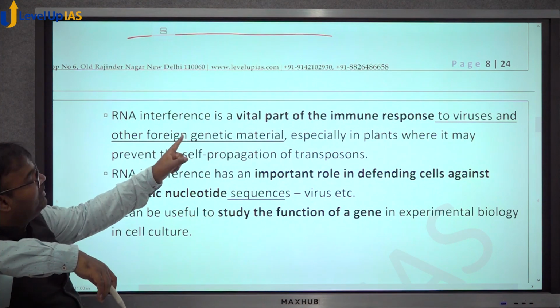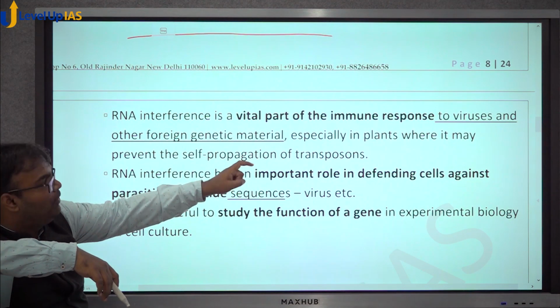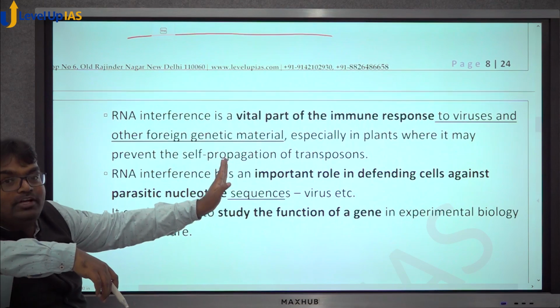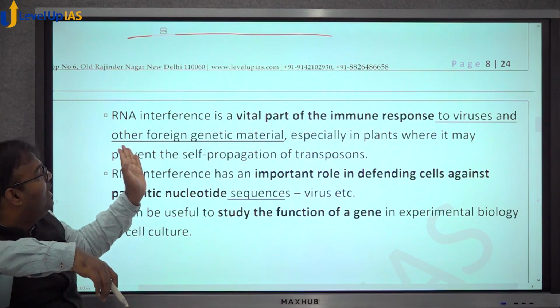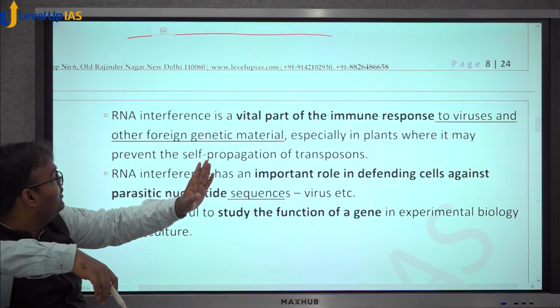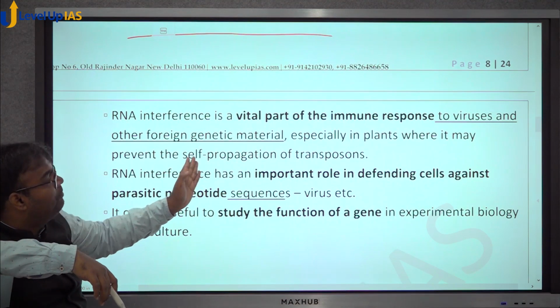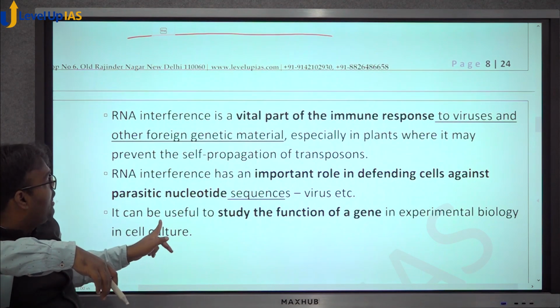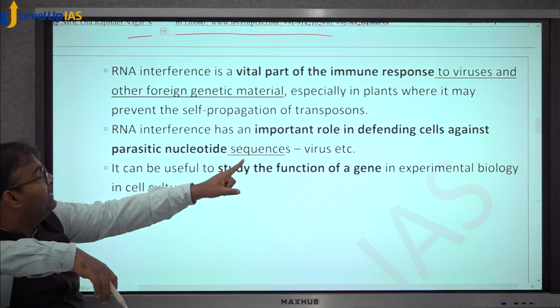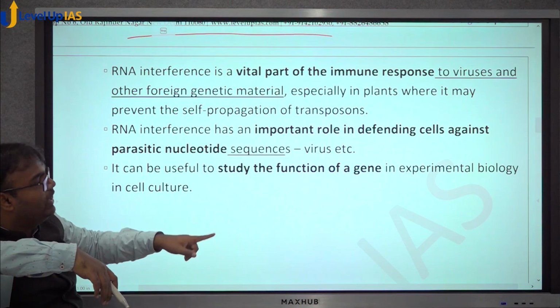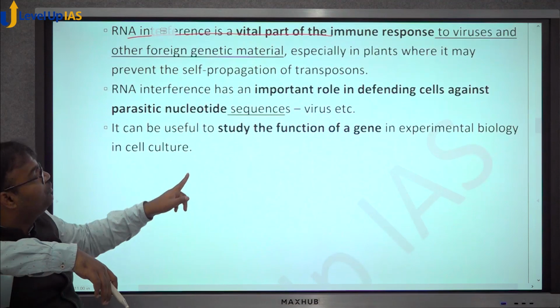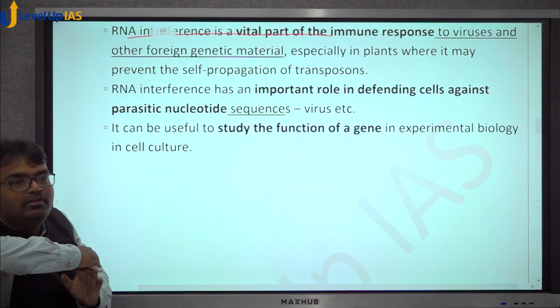So RNA interference is a vital part of the immune response to viruses and other foreign genetic material, especially in plants, where it may prevent the self-propagation of transposons. RNA interference has an important role in defending the cell against parasitic nucleotide sequences like viruses. It can be useful to study the function of a gene. How?